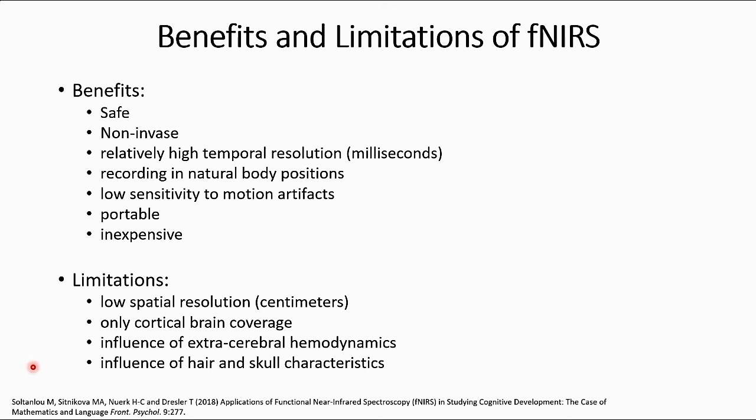Functional NIRS is less sensitive to motion artifacts than fMRI. Other than that, functional NIRS has been shown to be a cost-effective or inexpensive tool and also portable to explore human brain function.